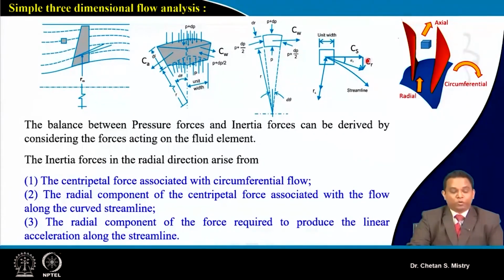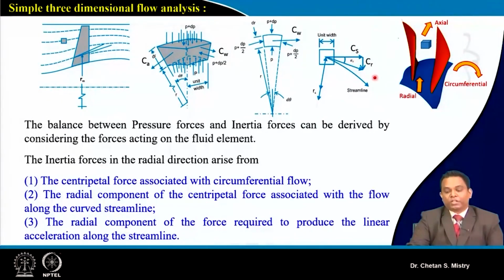So before going into the detail, we will see my pressure force and inertia force on this element need to be balanced, and we can say this inertia force in a radial direction arises because of the centripetal action associated with the circumferential flow.